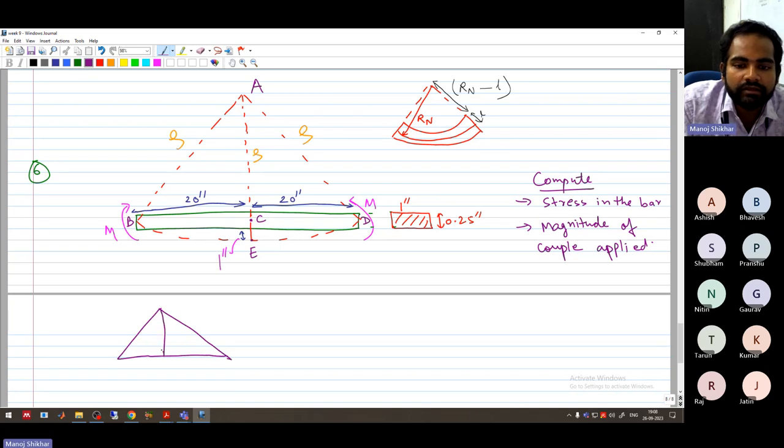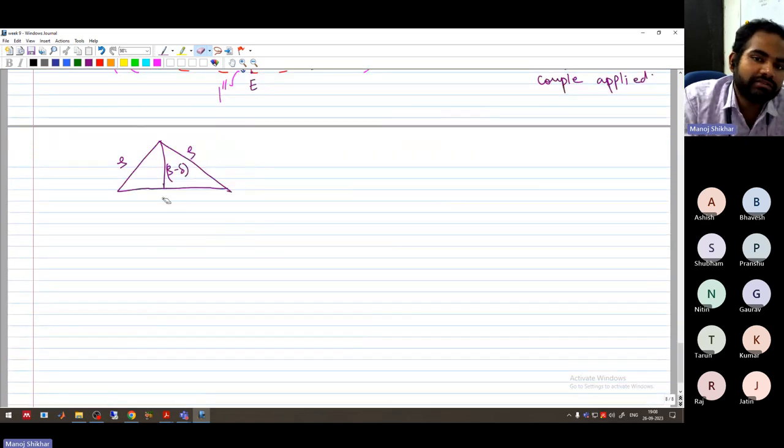We have a right angle triangle here. Here, this length is rho. This deflection is delta. And overall, this length was rho, right? Because this corresponds to the same radius. So this will be rho minus delta, right? I hope I have made myself clear here why it is rho minus delta.